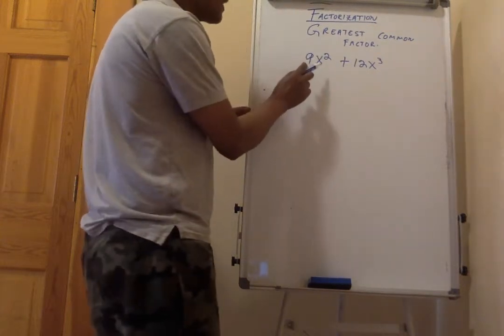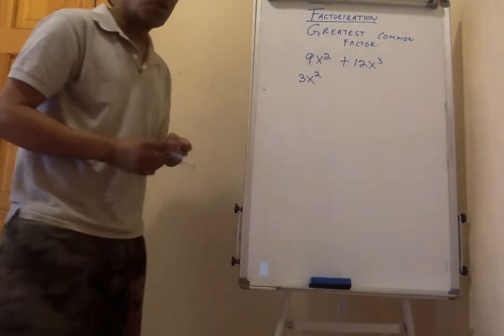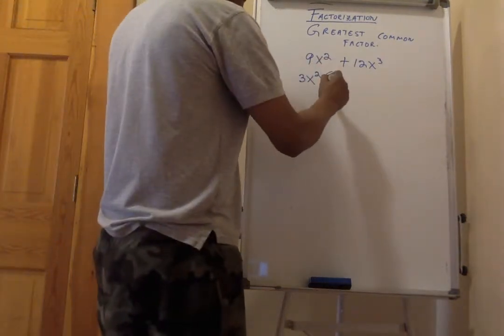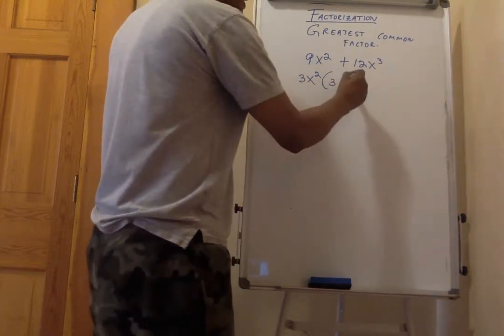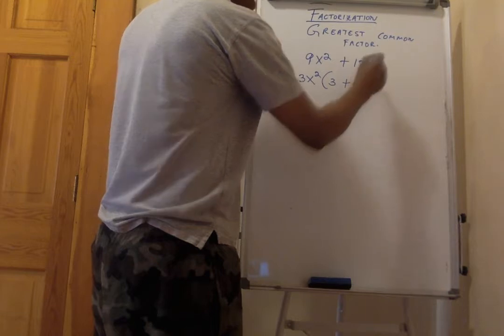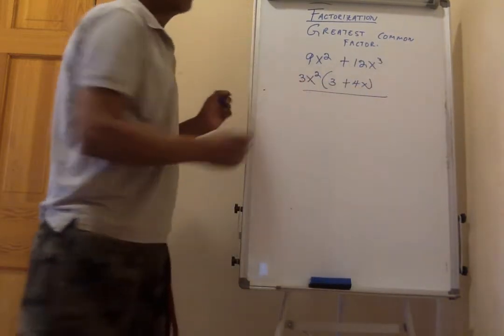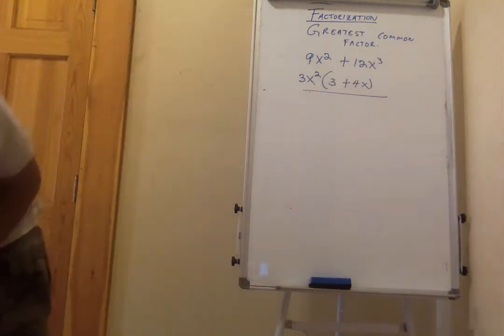Find the greatest common factor between x squared and x cubed. It is x squared, so you always take the one with the lowest degree. Once you open the parentheses, 9 divided by 3 gives you 3, and 12 divided by 3 gives you 4. x cubed divided by x squared gives you x, so you end up with 3 plus 4x, and you can see it is prime.